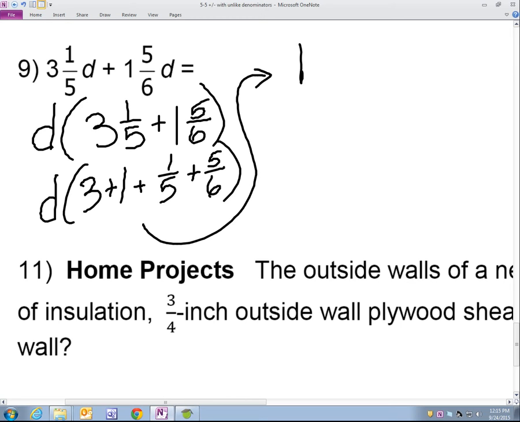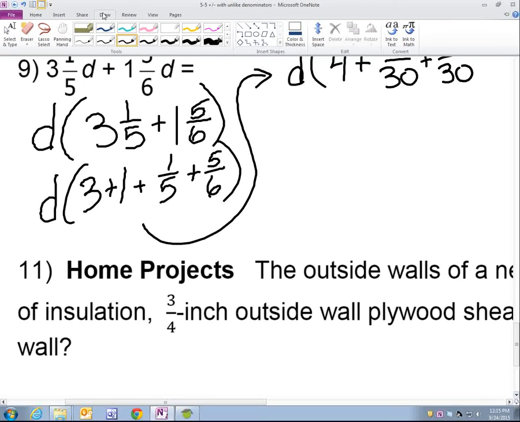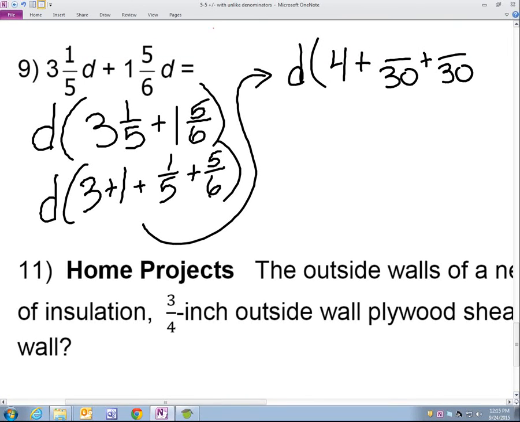So I have D still hanging out on the outside. 4 plus something over 30 plus something over 30. What am I multiplying 5 by to get 30? Chase? 6. And I'm multiplying 6 by 5 to get 30.